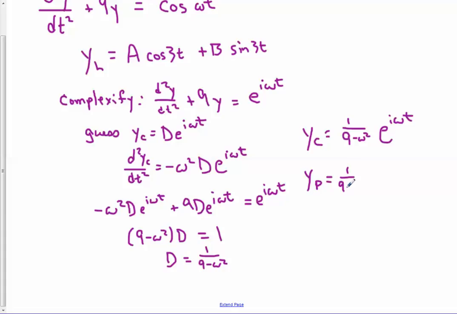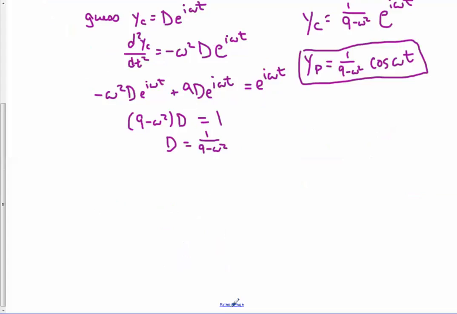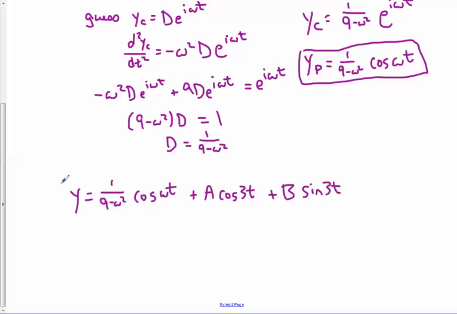So we get 1 over 9 minus ω squared cosine ωt. So that's our particular solution. So that, along with the homogeneous solution, gives me a final solution of this.